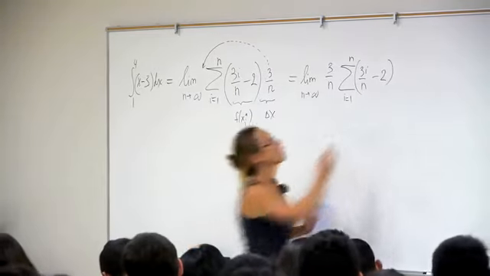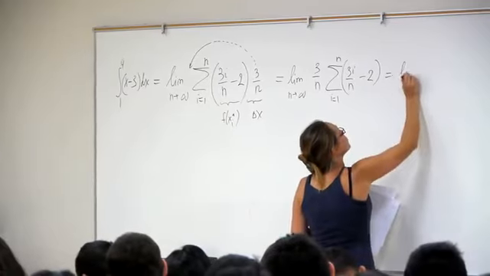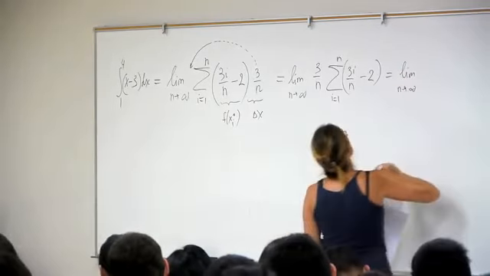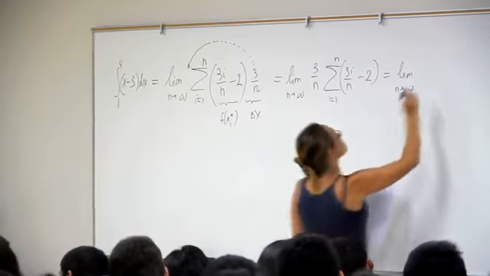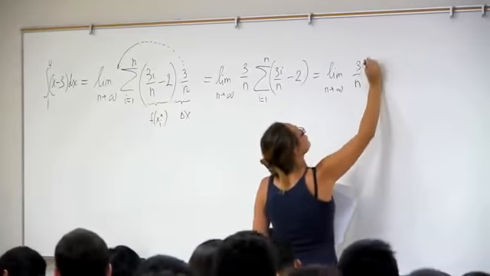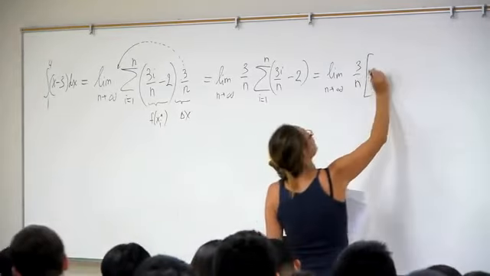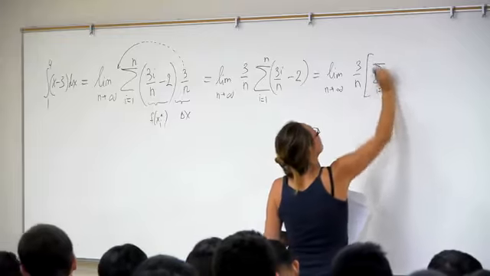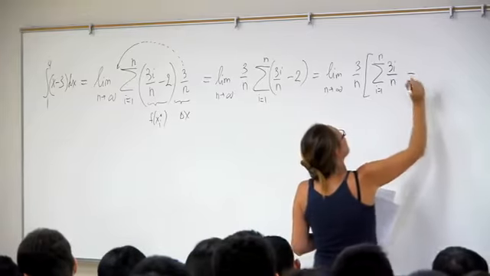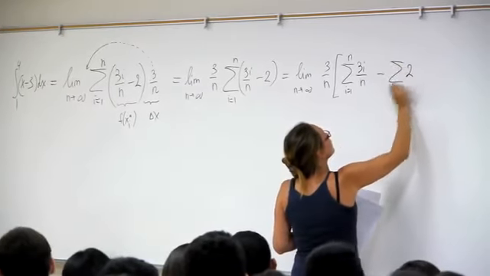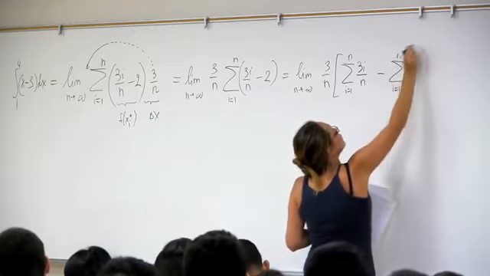The next step, I'm going to split this into two sums. I'm going to have a sum of 3i over n minus a sum of 2.